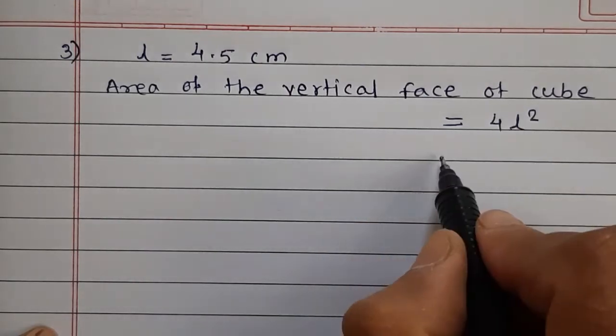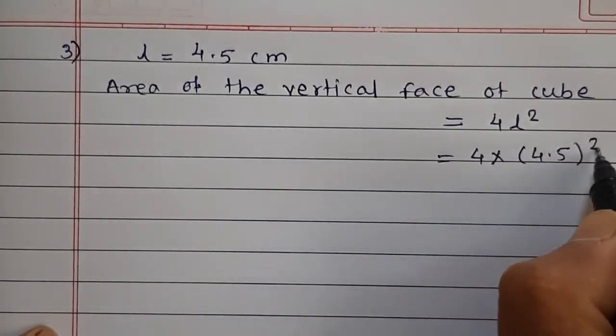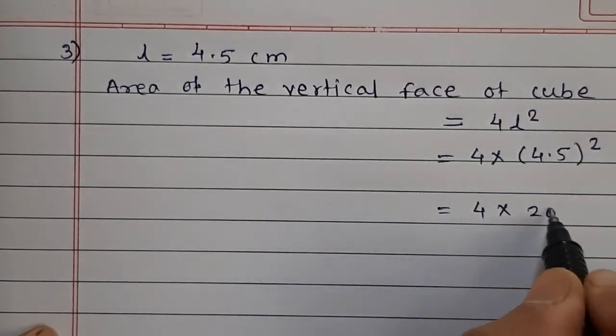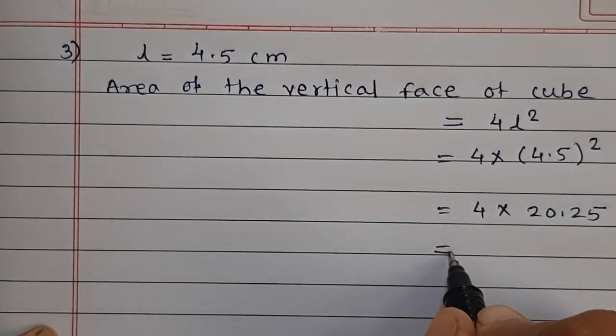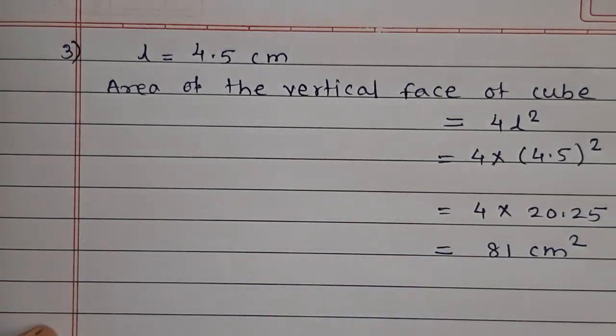This is the formula. Then 4 into L, which is 4.5, its square. So here 4 into 20.25. After taking the product of this, we get 81 centimeter square. So area of vertical face of cube is 81 centimeter square.